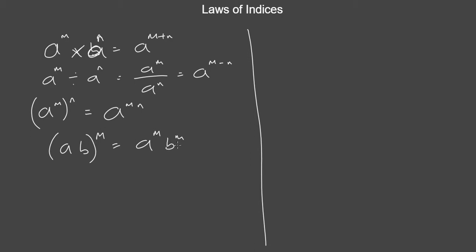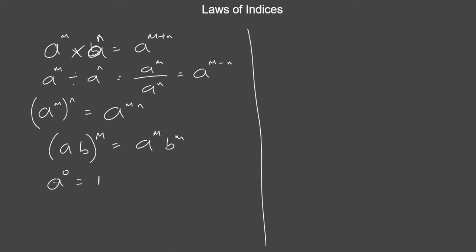Then for the fifth law, we talked about the zero power law. We said if you have a number that is not zero raised to the power of zero, that will give you 1, irrespective of what this a is, as long as it is not zero. The next law is the negative power law.